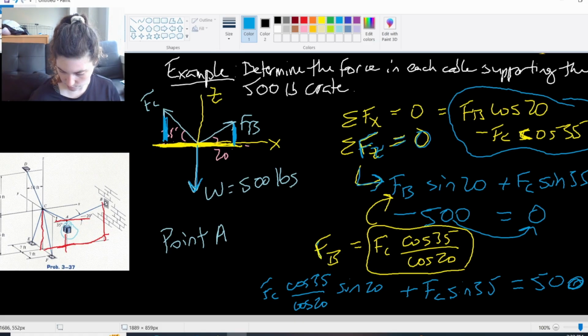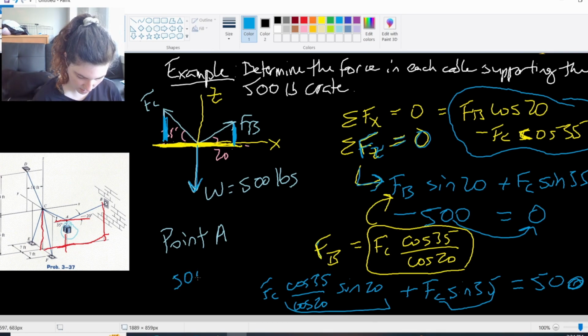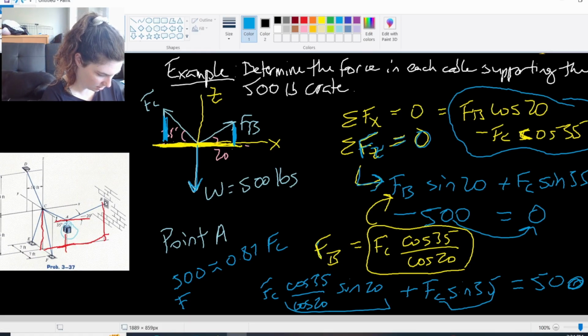And this gives me, if I combine these two terms in my calculator here, 500 equals 0.87 fc. And solving for fc, I'm going to put him under my diagram here because he's one of my answers, right? fc equals 574 pounds.